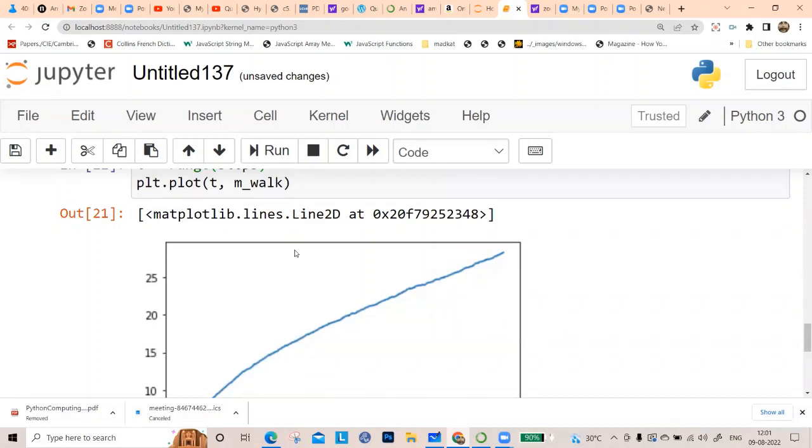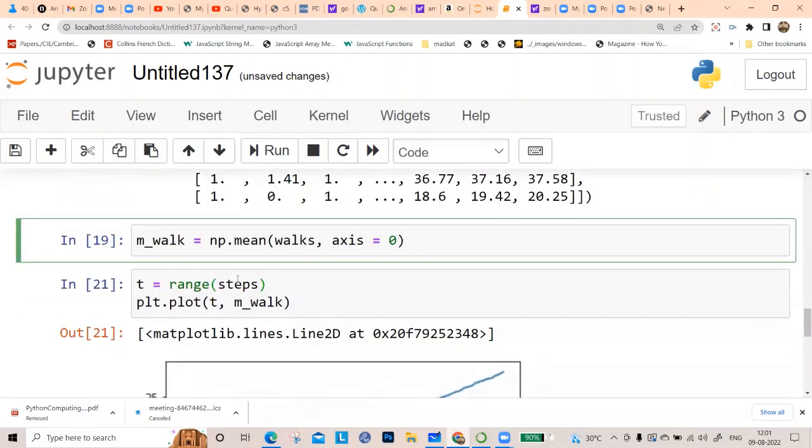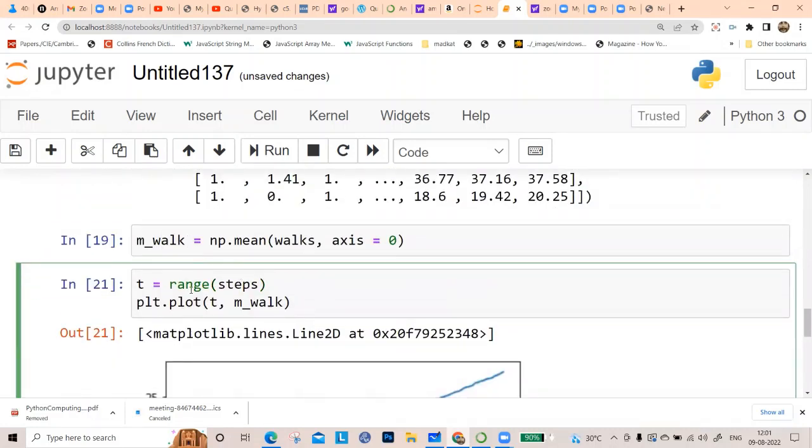And with the analytical result, we know that this m walk, that means the mean position with time step, actually goes as t to the power half.